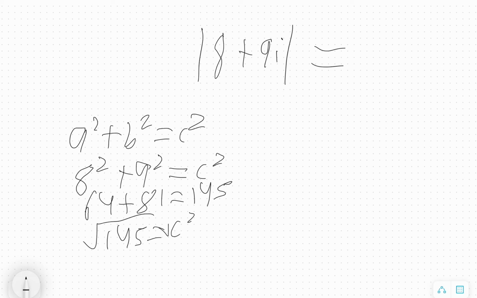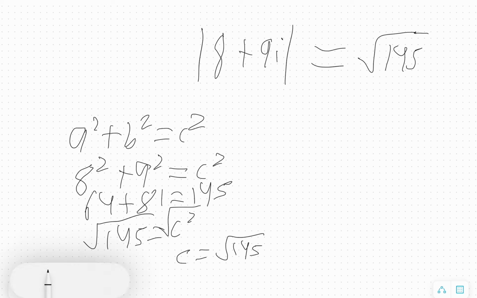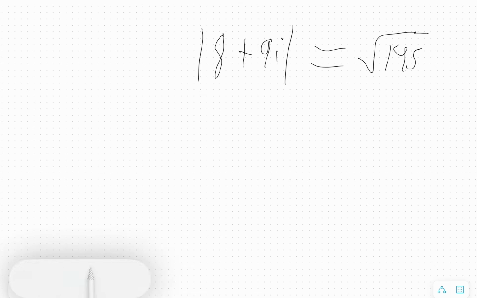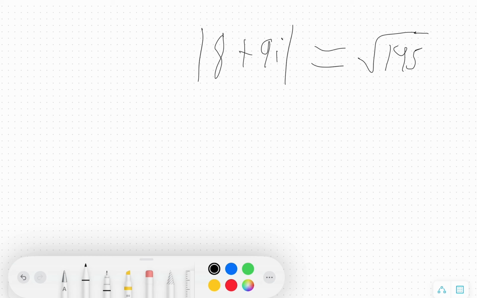Square root both sides. c equals the square root of 145. And that's what this is equal to. And that is a square root that I don't think can be simplified. So that is how you do absolute values with imaginaries in them.